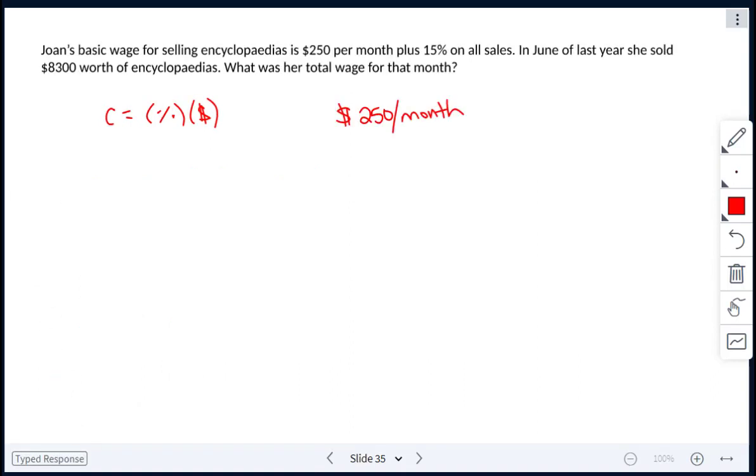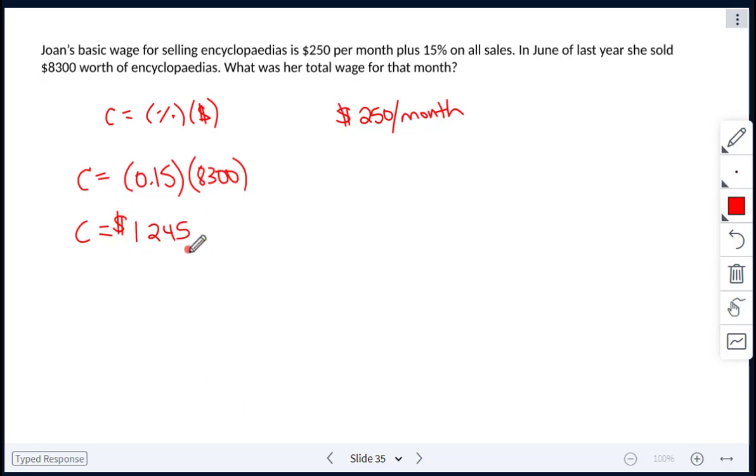So this next example, Joanne's basic wage for selling encyclopedias is $250 per month. That's what she'll get no matter how much she sells. And then on top of that, she'll get 15% on all sales. We're looking for the month of June. June of last year, she sold $8,300 worth of encyclopedias. So let's calculate her commission on that. It's 0.15 times the 8,300, and that gives her a commission of $1,245.